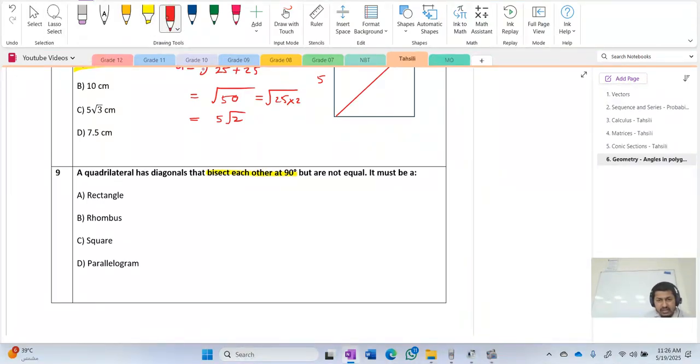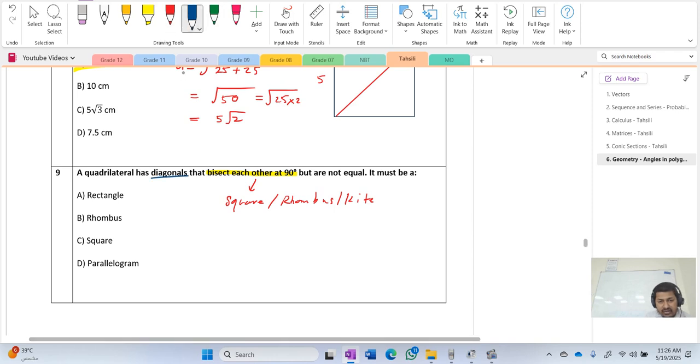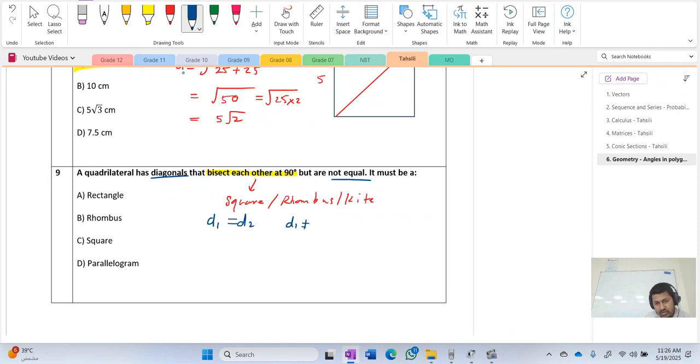In a square, the diagonals are equal, D1 equals D2. In a rhombus, D1 is not equal to D2, and in a kite, D1 is not equal to D2, but we don't have a kite here. So the only option available is a rhombus, because they're talking about a quadrilateral. I can also consider a kite, but if they said a parallelogram, then I'd have to leave the kite out. So we only have a rhombus.